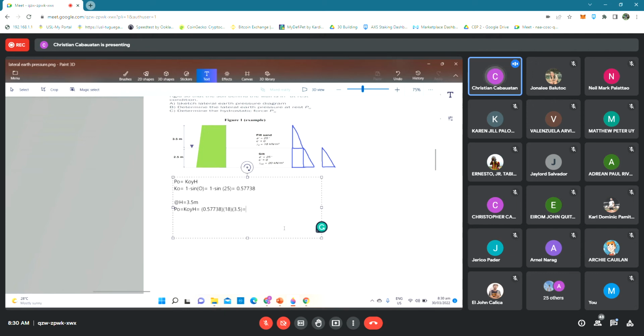Therefore, the value of your PO at the top layer is 36.37494.